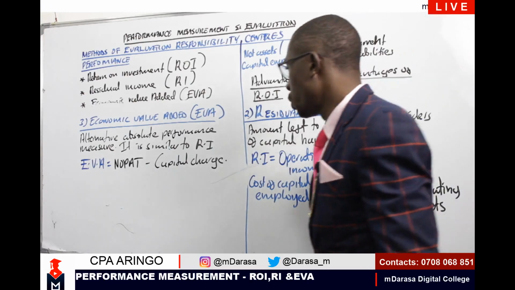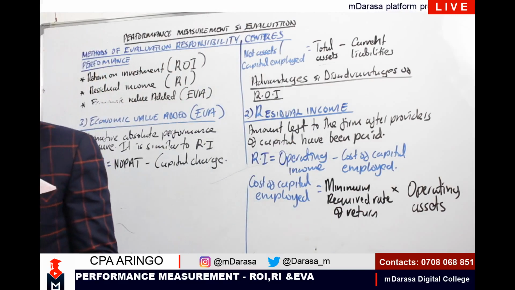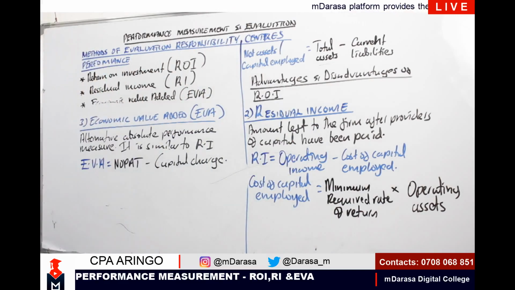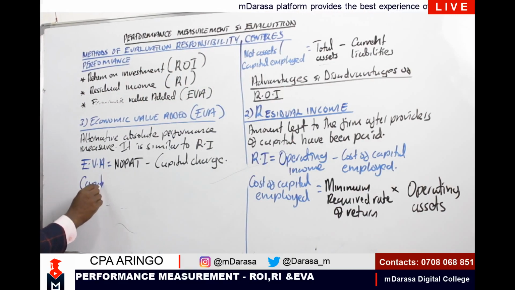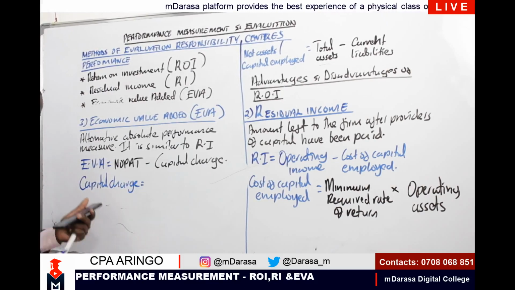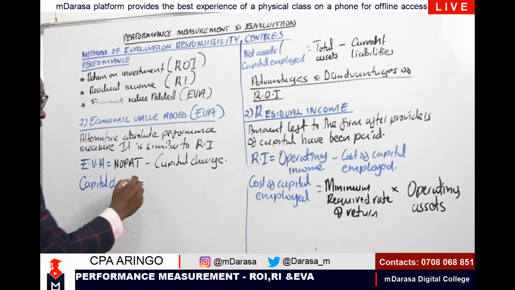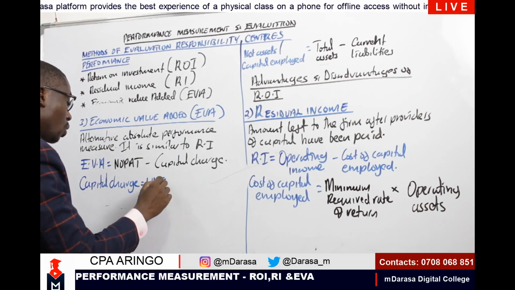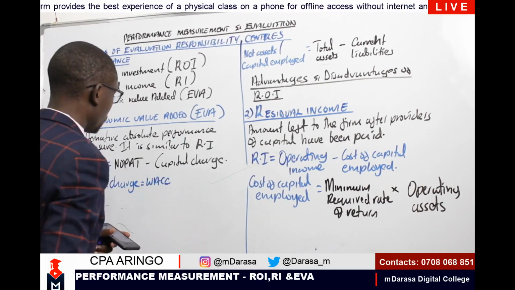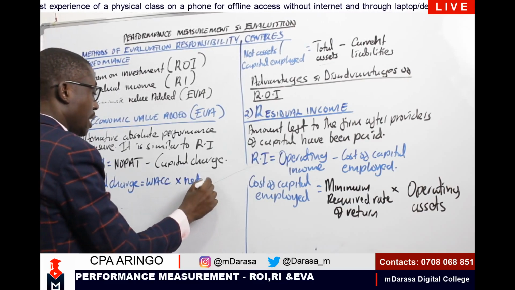Probably a good student here will ask, Mwalimu, how will you determine our capital charge? To determine our capital charge is very simple. For our capital charge, I'll always be taking our weighted average cost of capital and multiplying by our net assets.